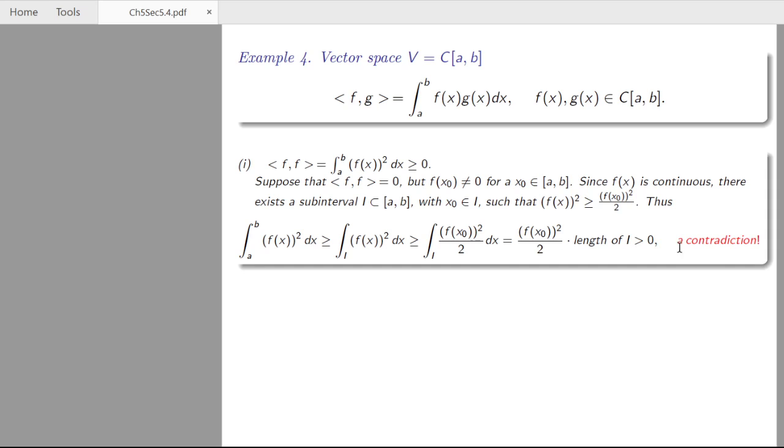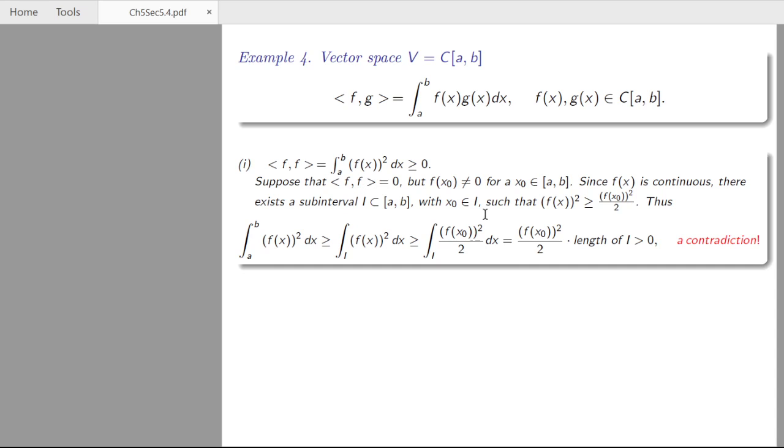This is a contradiction. Contradict what? In the beginning we assumed the operation between f and f, or this integral, equals 0. This means that the operation between f and f equals 0 if and only if the function f(x) is identically 0 over the interval from a to b.